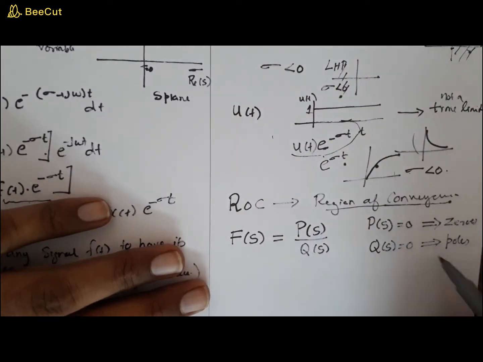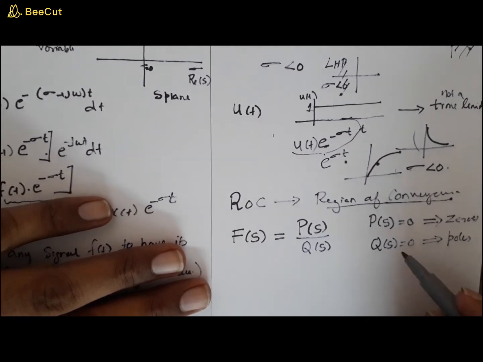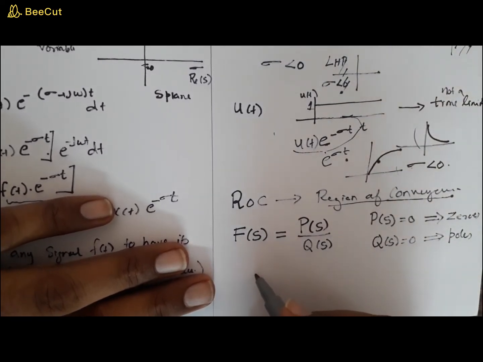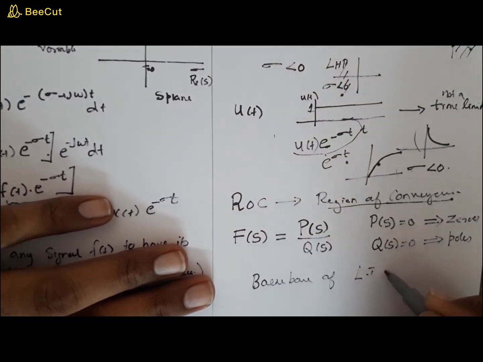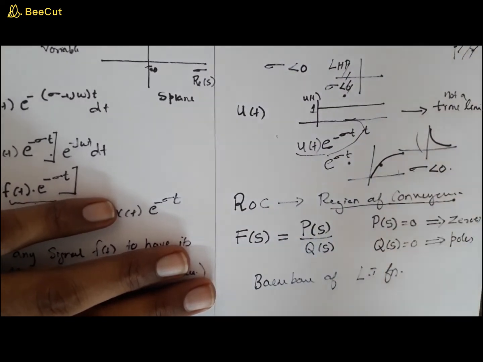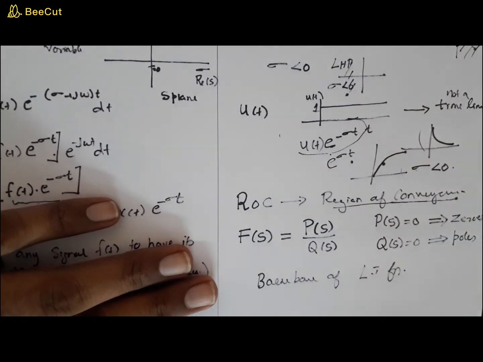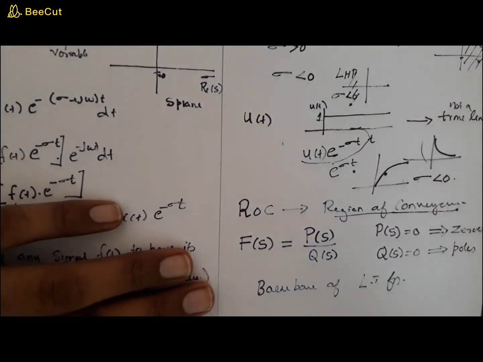So the presence of poles and zeros is said to be the backbone of the Laplace transform function, or in other words, it gives the shape for a function. Then only you will have some ups and downs in the graphs.